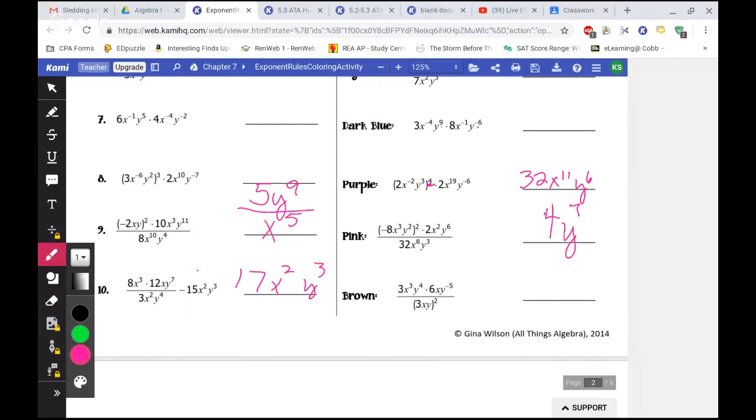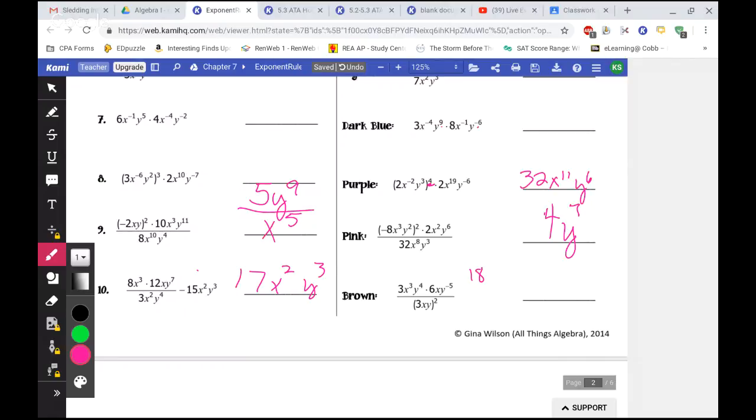What are the 2 integers in the numerator? The numbers. 3 and 6. Good job. So that's 18, right? 3 times 6 is 18.